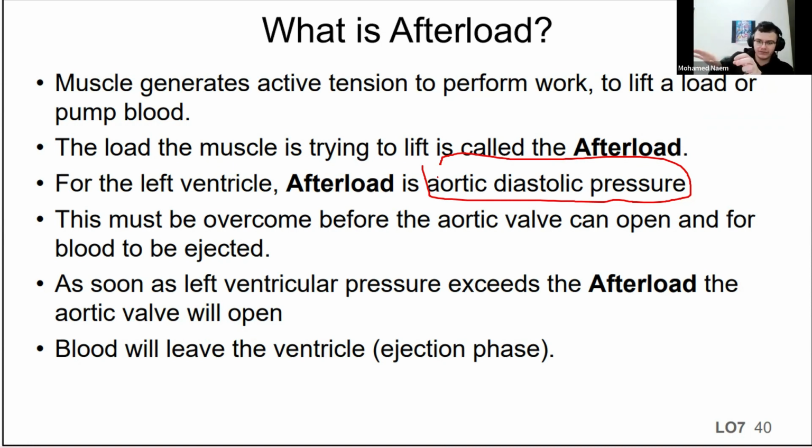This is the whole concept of the afterload regarding the heart. If you get a question, what is the afterload regarding the cardiac muscle? Just write aortic diastolic pressure. Again, it will make way more sense after you study the cardiac cycle, believe me. If it does not, come find me.